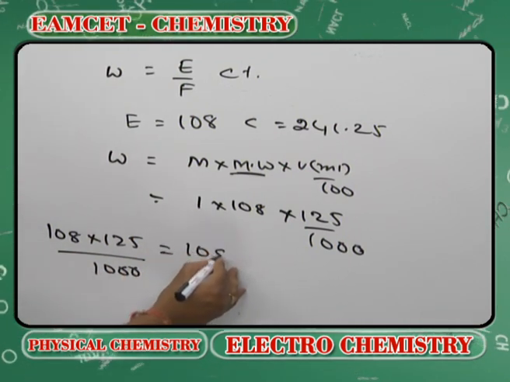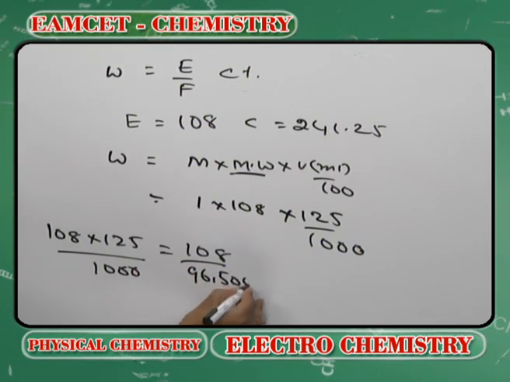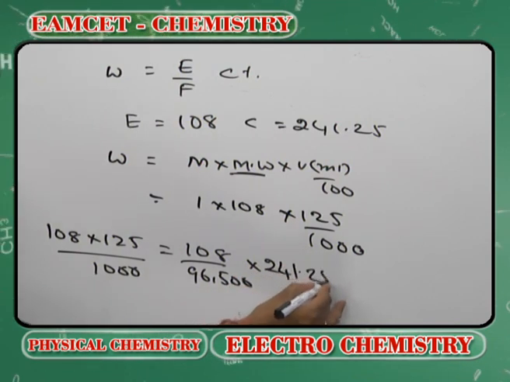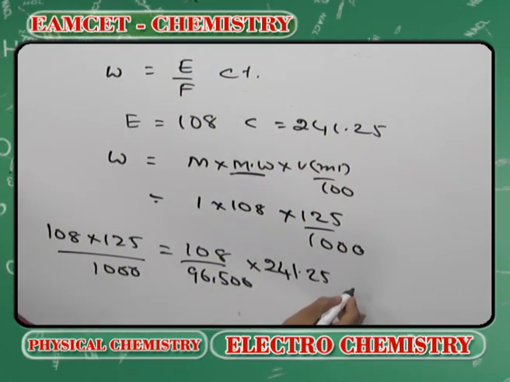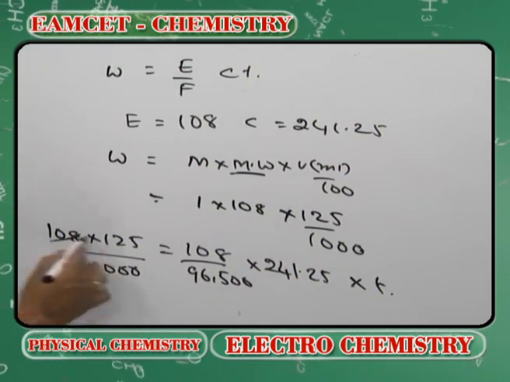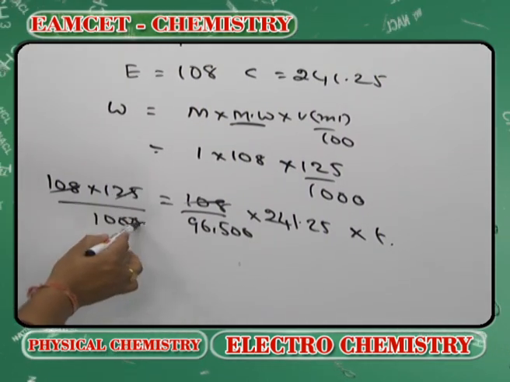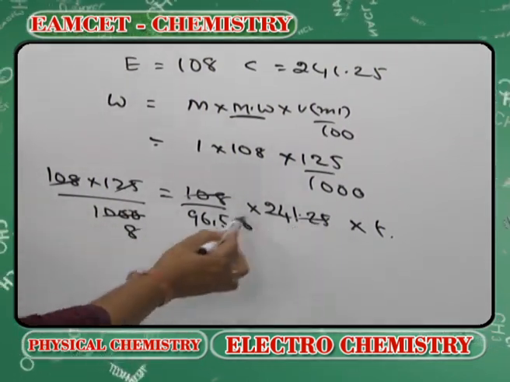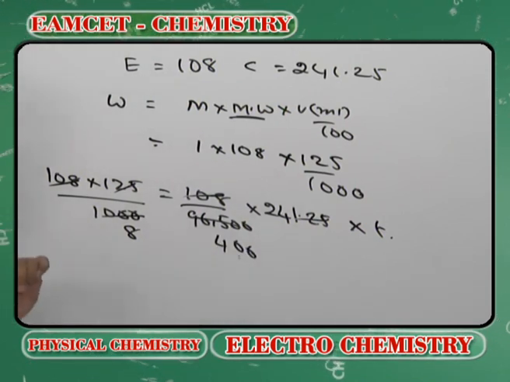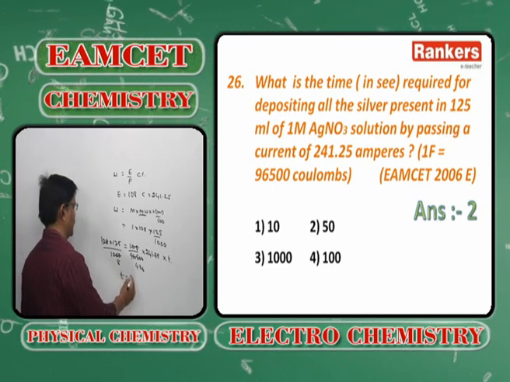Equivalent weight is equal to 108, F is 96,500, and this is 241.25 into T. This 108 gets cancelled out. This is 8 times, this is 400 times. So T will be approximately 50 seconds.